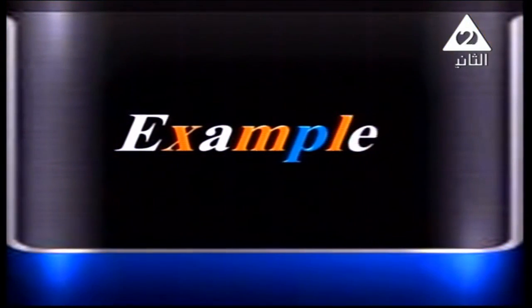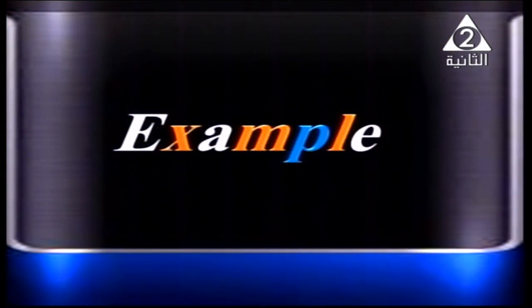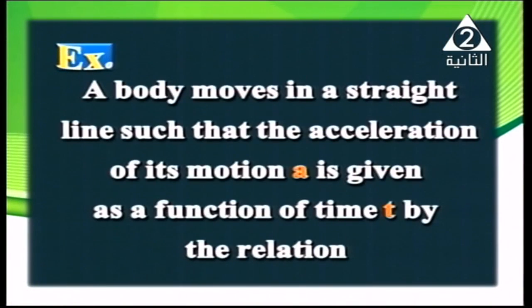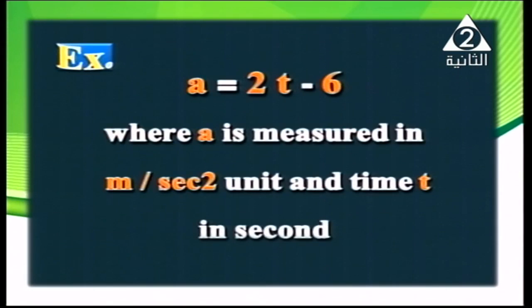Look at, my dear student, another example. A body moves in a straight line such that the acceleration of its motion a is given as a function of time t by the relation: acceleration equals 2t minus x, where a is measured in meter per second square and t is time in second.